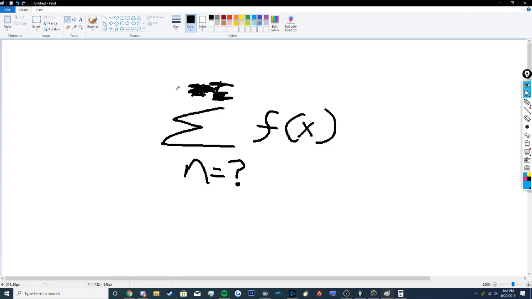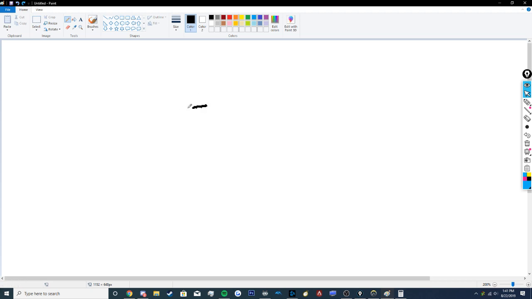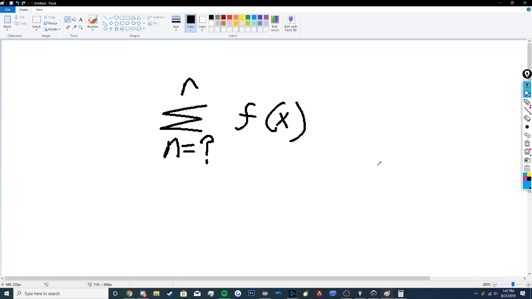Let's just call it Z. I like Z. I think the real way you do it is R. Yep, that's it. Okay, we're redoing this. Sigma R, n equals question mark, that, then f of x. Or is it f of n? It's f of n, because the variable is n.